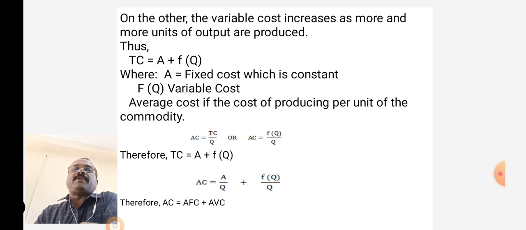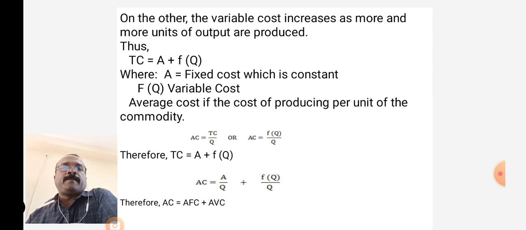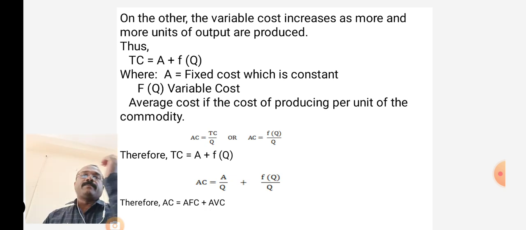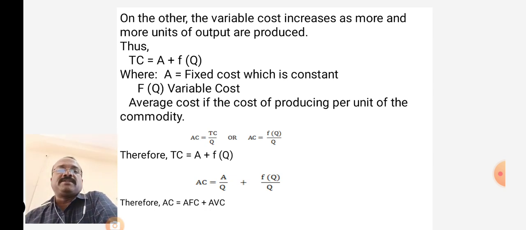TC depends on these two independent variables, where A is the fixed cost, which is constant, and f of Q is the variable cost.